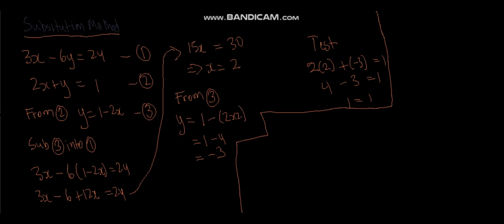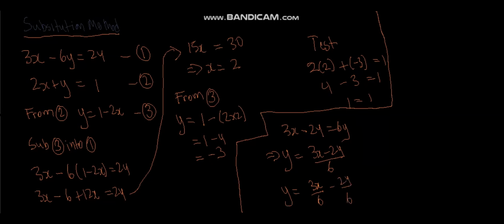So notice equation 1 is actually 3x minus 24 equals 6y, which would imply that y is equal to 3x minus 24 all over 6, which is y is equal to 3x all over 6 minus 24 all over 6.